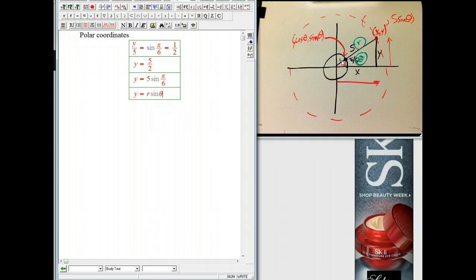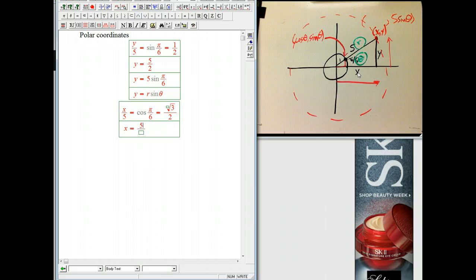Okay. So what about x? Well, we could do it either way. X over 5, that's a ratio of sides in a right triangle, and that's equal to the cosine, adjacent over hypotenuse, cosine pi over 6. Now that happens to be root 3 over 2. And so x is just going to be 5 root 3 over 2.